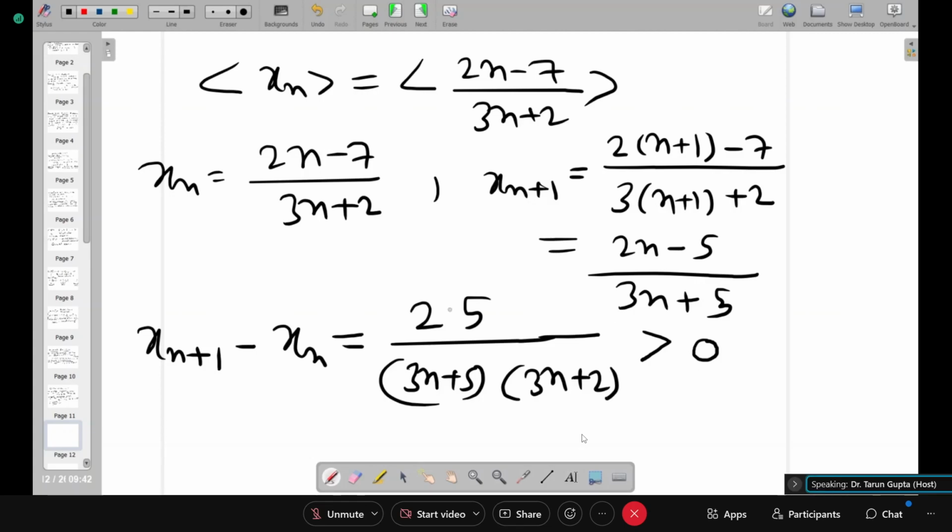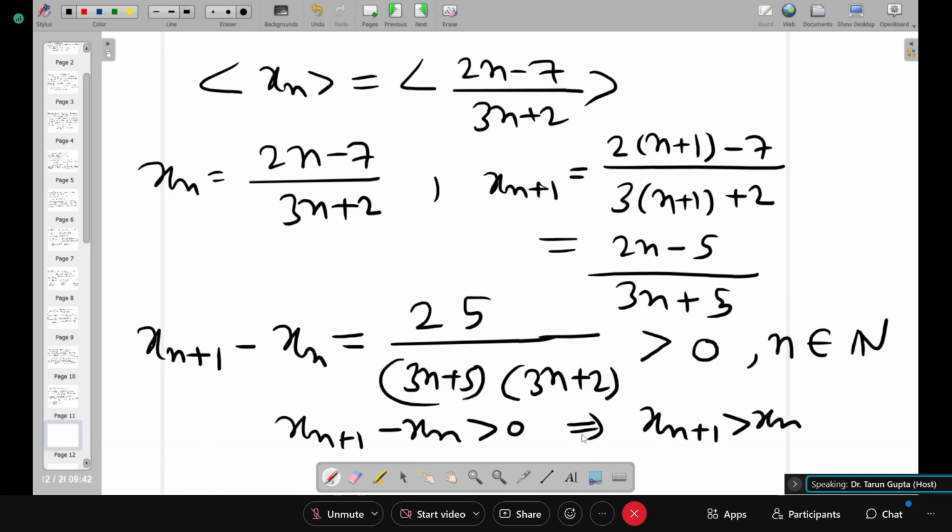This is greater than 0 for every n belonging to natural numbers. So you can write xn plus 1 minus xn greater than 0, means xn plus 1 is greater than xn. So this is a strictly increasing sequence.